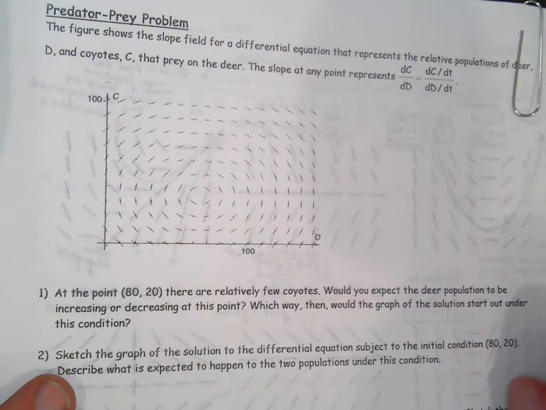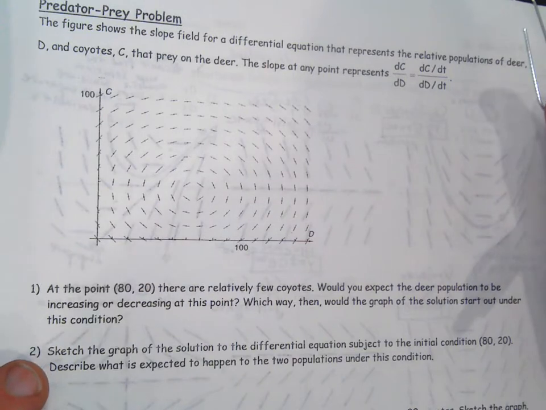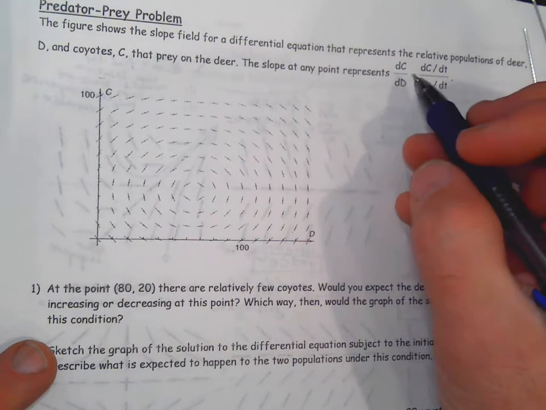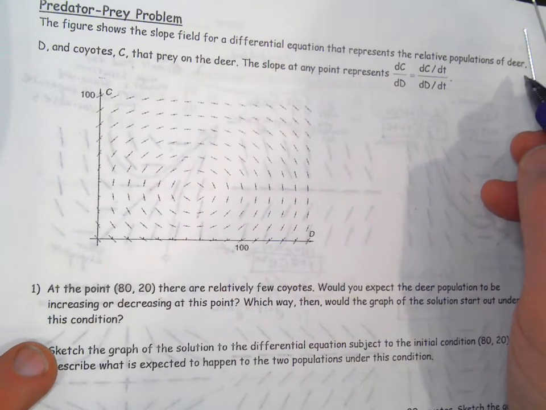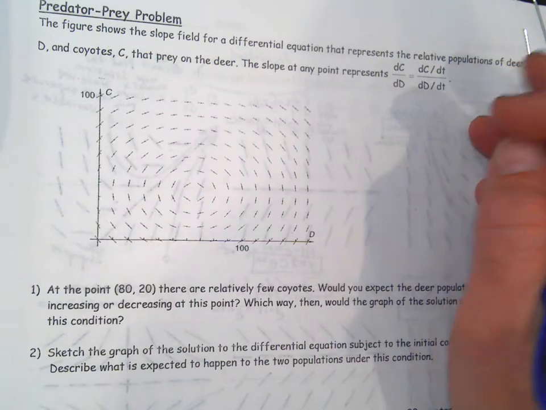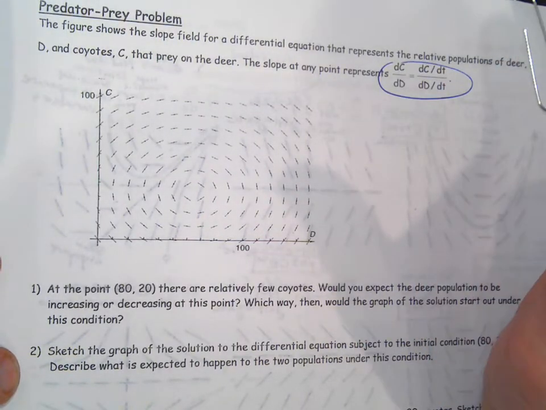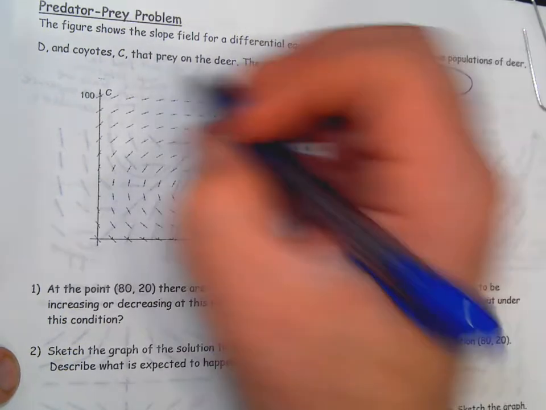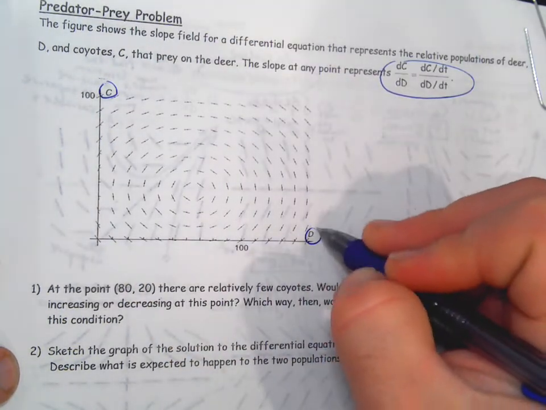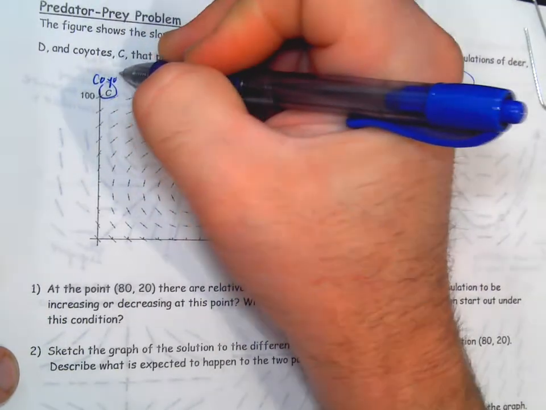So the figure shows a slope field for a differential equation that represents the relative populations of deer D and coyote C that prey on the deer. The slope at any point represents this. So this is a differential equation for coyotes to deer. Coyotes are on the vertical axis, deer on the horizontal axis.